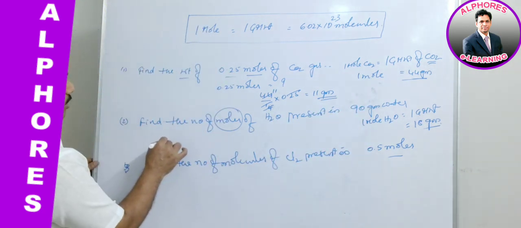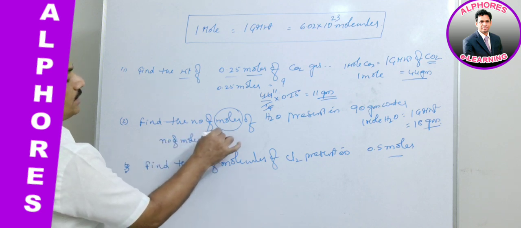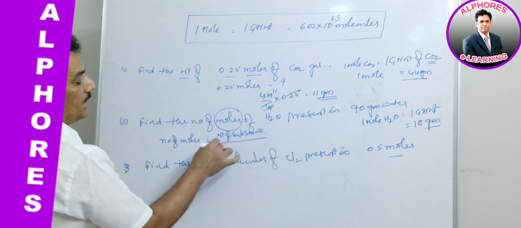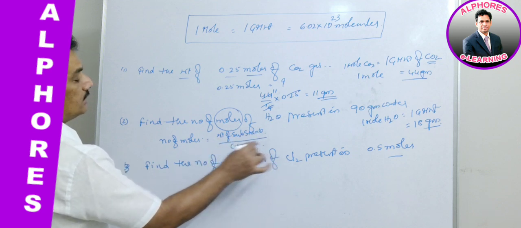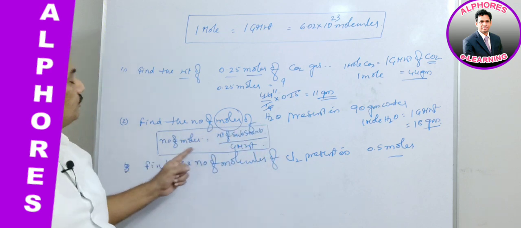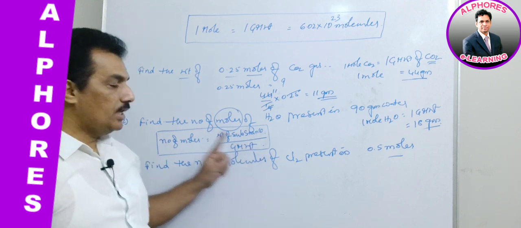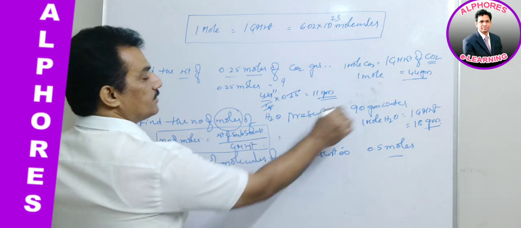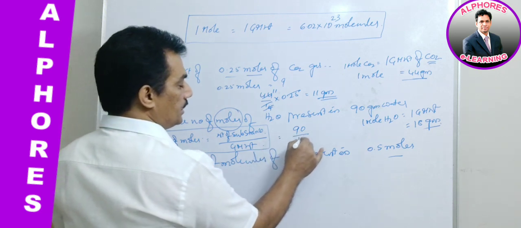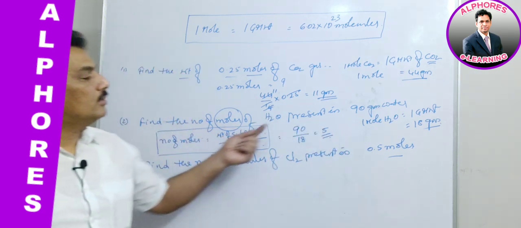Very important formula: number of moles is equal to weight of substance by gram molecular weight, because each gram molecular weight is 1 mole. With weight 90 and gram molecular weight of water 18, it is 5. Like that you can solve from the given weight.